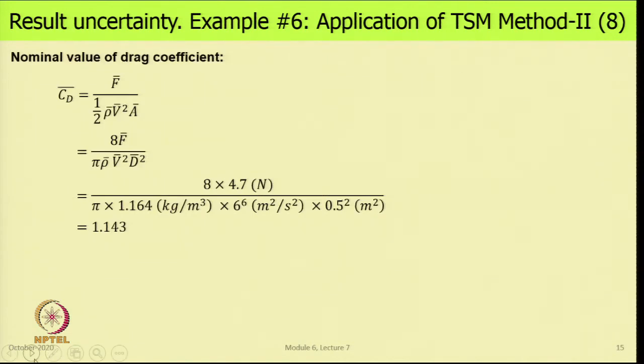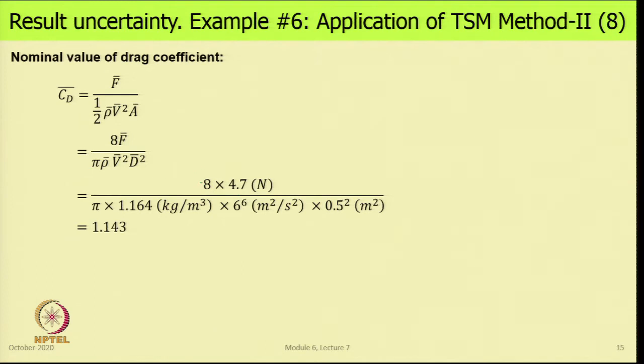Now we can go back, and I have all the information to calculate the nominal value of the drag coefficient. We will do that calculation at the mean values that are reported. So, this is f bar upon rho bar v bar square a bar, or 8 pi rho bar v square bar d square bar, and we substitute all the numbers that we had earlier.